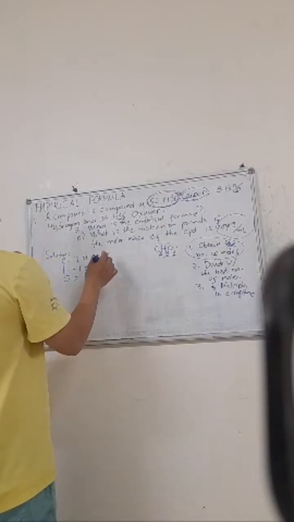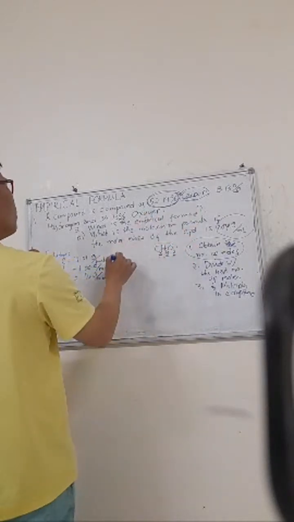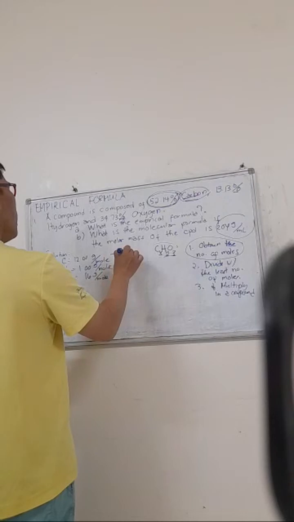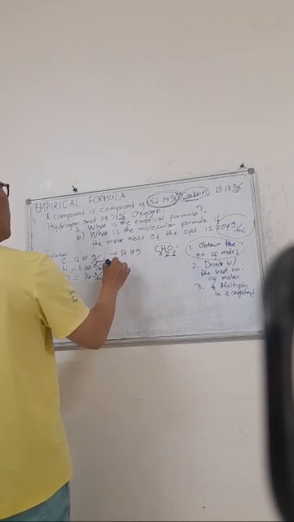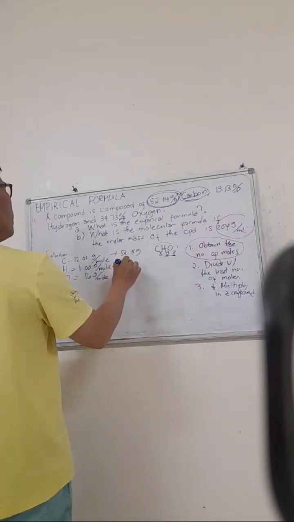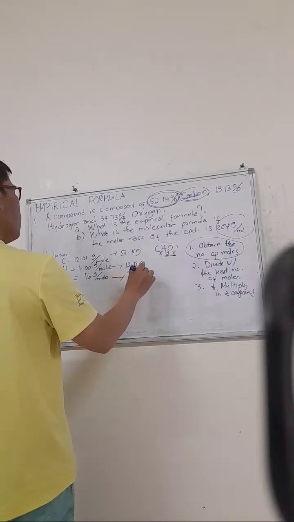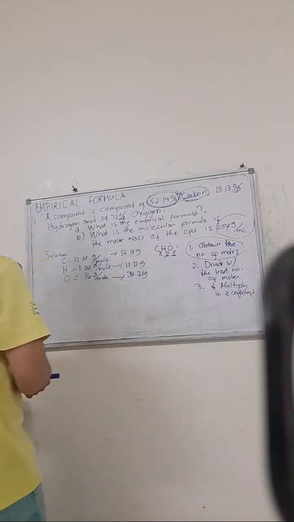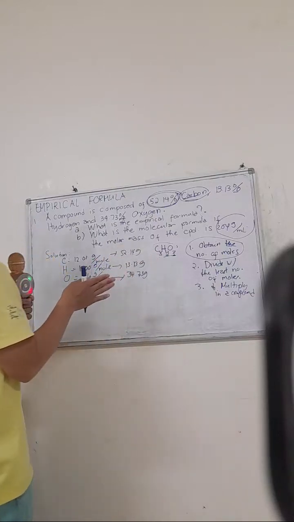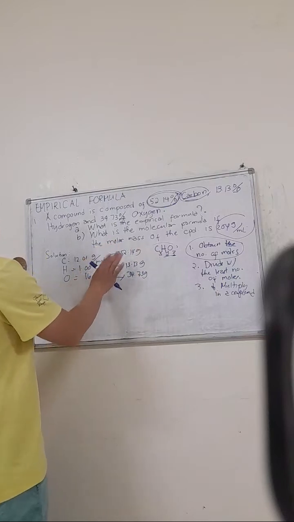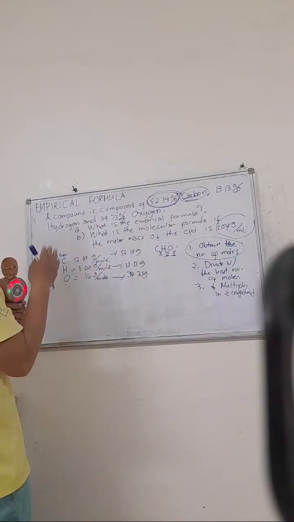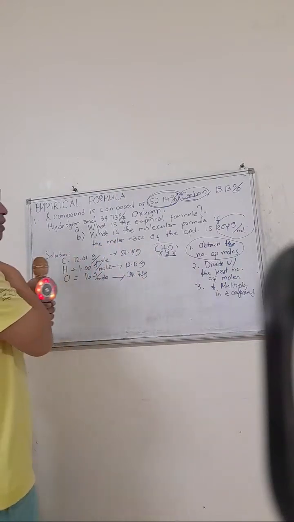So consider these grams: 52.4 grams of carbon, then 13.13 grams of hydrogen, and then 34.73 grams of oxygen. Now, it's very obvious that we have grams, and then the moles will be cancelled. So we need to use multiplication, by common sense.